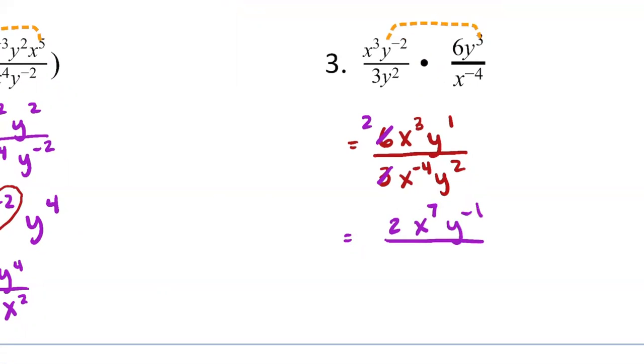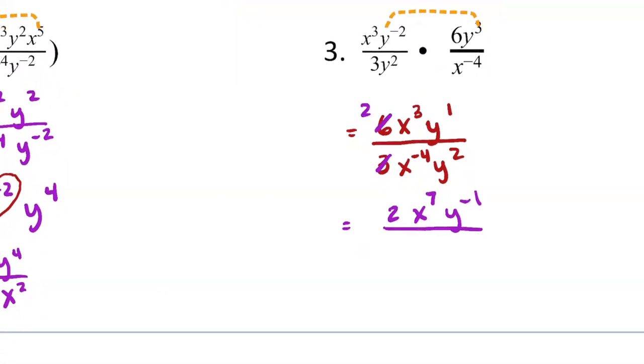Now notice I didn't write that in the denominator. When you subtract the exponents, that answer is in the numerator. If it's negative, then you move it to the denominator. So this is just over 1. And then now I'm going to move that to the denominator, making it +1 exponent.